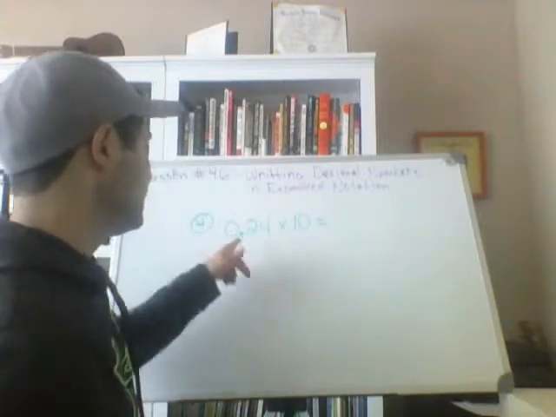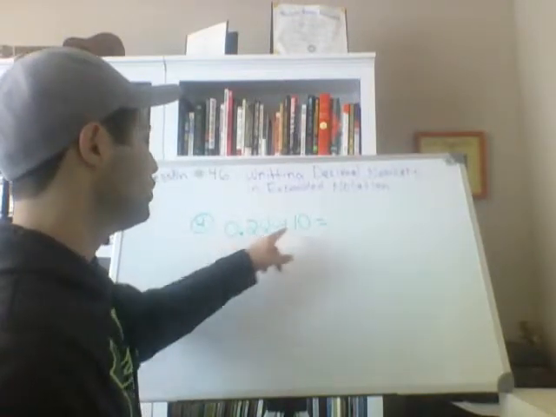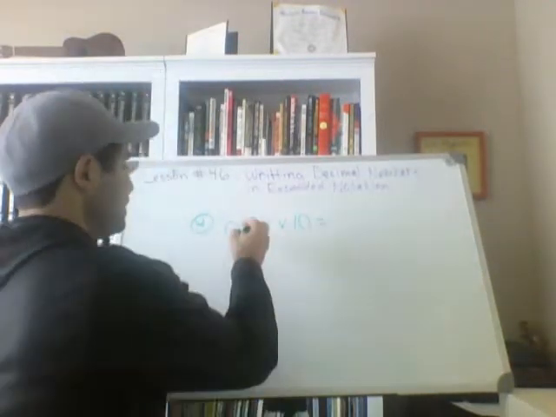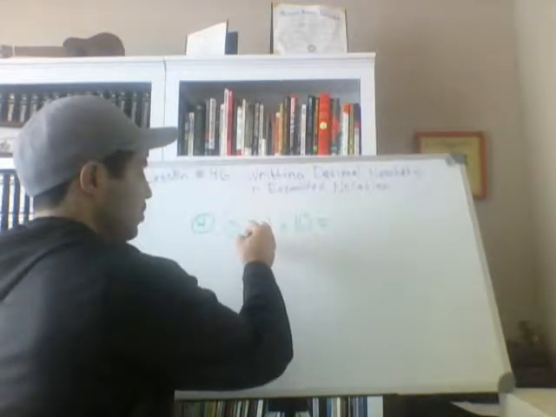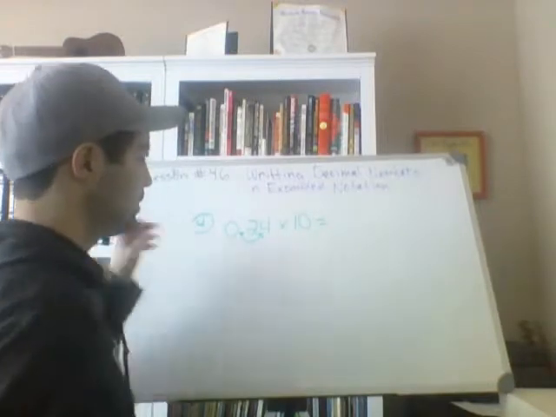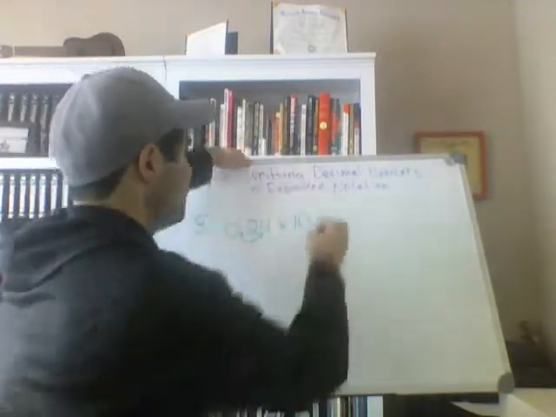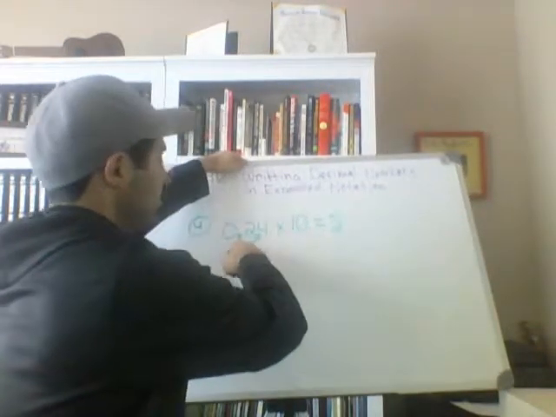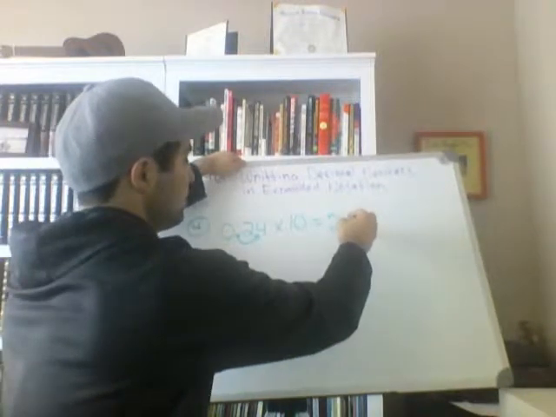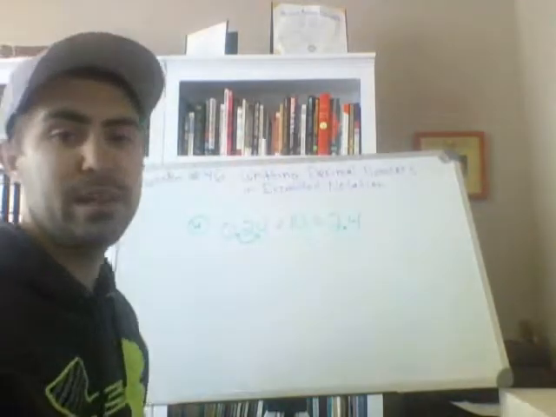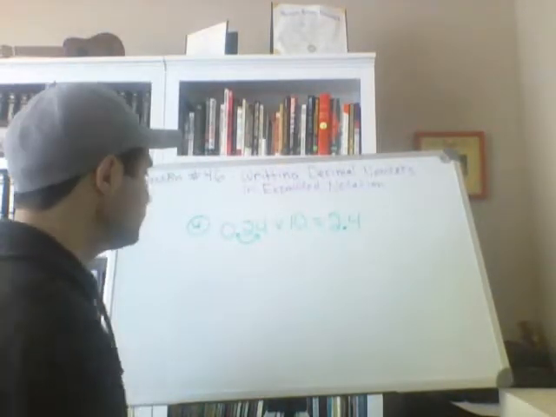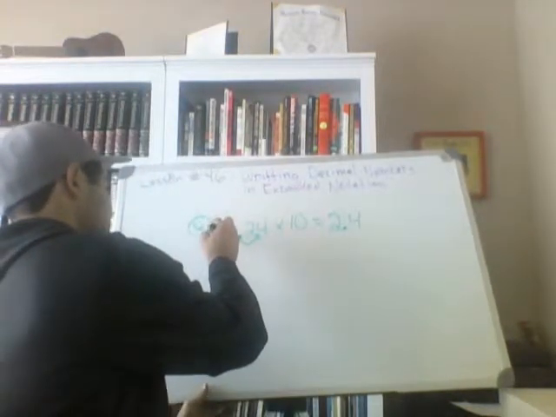All you do is relocate the decimal point. If you multiply something by 10, you're going to move the decimal one place to the right. Okay? So instead of the decimal being before the 2, it's going to be one place to the right of the 2. It's going to be 2 and 4 tenths. Alright? So this will be part A of this problem.